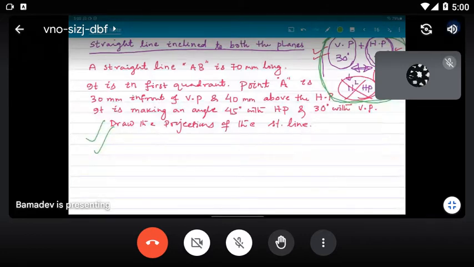You just note down these parameters: AB is 70, A is 30 in front of VP, and 40 millimeter above HP, right? So these values you may note down and tell me when I'm asking. It is making 45 degree with HP and 30 degree with VP, right? These data are required.